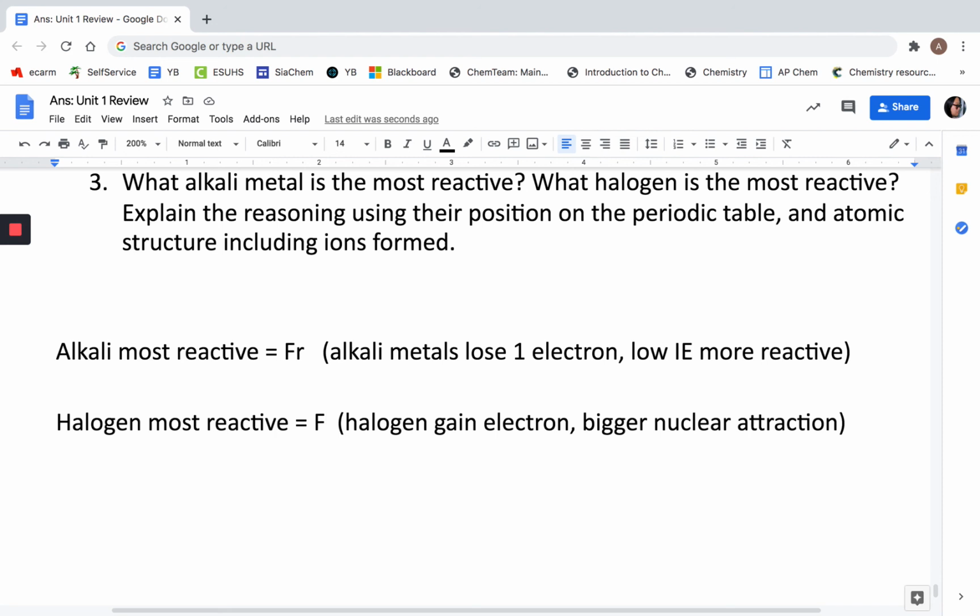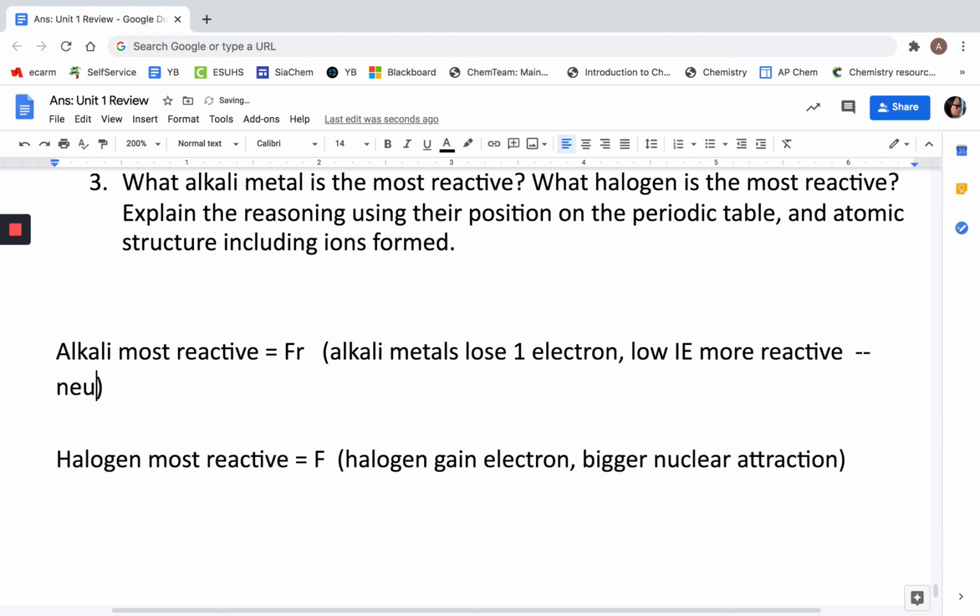Internal or atomic structure, including ion they are formed. So again, atomic structure would be like smaller size, bigger nuclear attraction. That's what we're talking about. So in this case, lower IE is not done. We want to talk in terms of nuclear attraction, weakest.